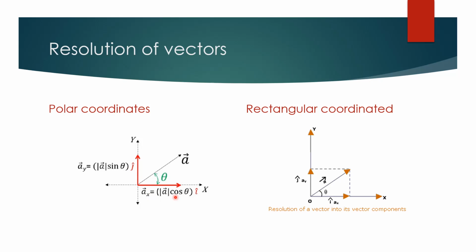So A can be written as A cos theta i plus A sin theta j. Rectangular components we write as Ax i and Ay j. In rectangular components we have just x and y; here we have cos and sin.